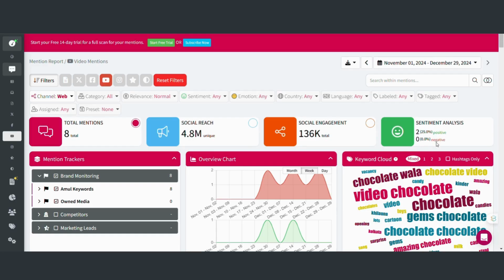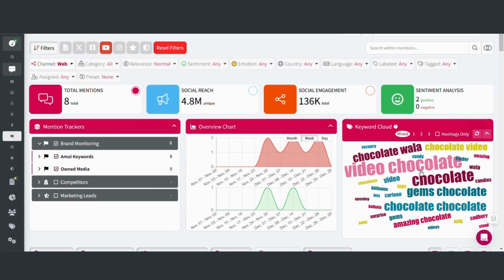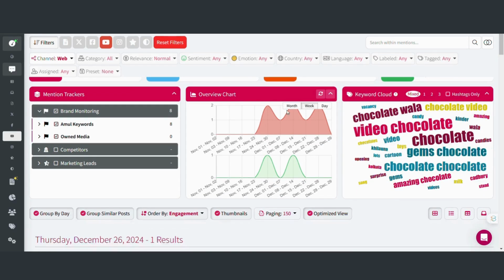Coming to sentiment analysis, 75% is neutral and 25% is positive. The word cloud mentions terms like video, chocolate. There's a lot of chocolate that has been mentioned, which corresponds to Amul's chocolate line.